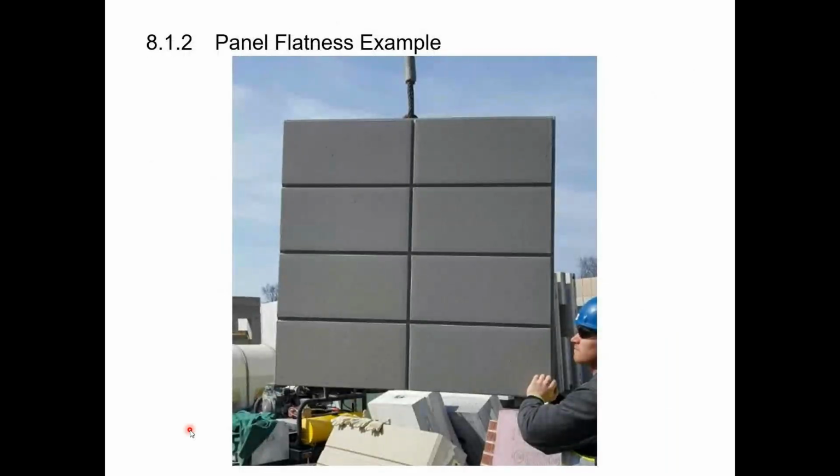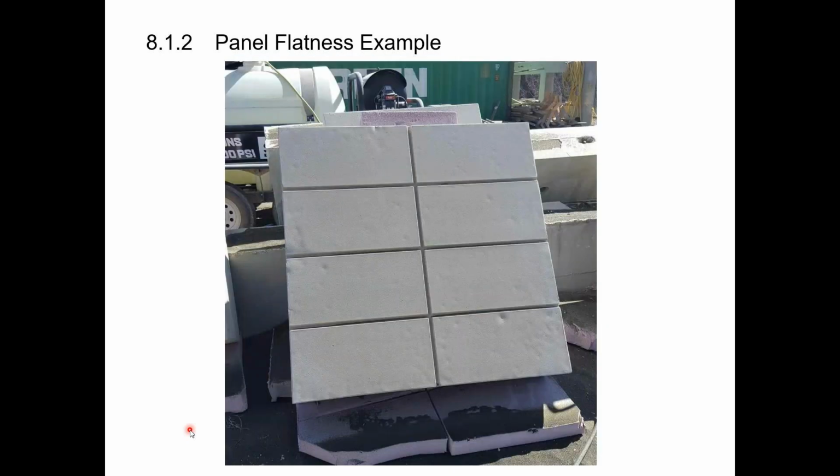This is a panel that was produced on a form that had some slight waviness to it. If you were to look at the form, you'd never see it. And even looking at this panel in this lighting condition, you don't see it. But when you look at the panel in the right light, you can see this is the same panel that you saw here, and this light amplifies the imperfections in the form.